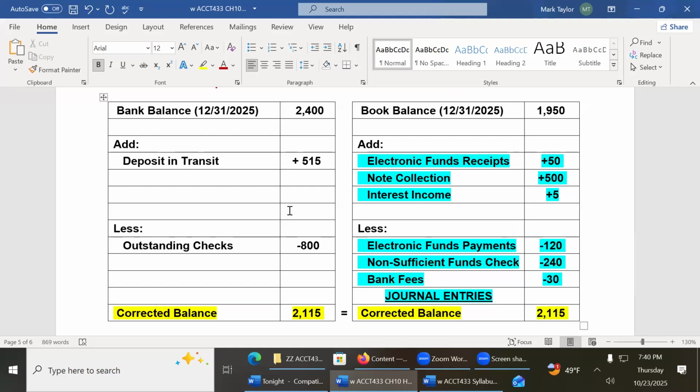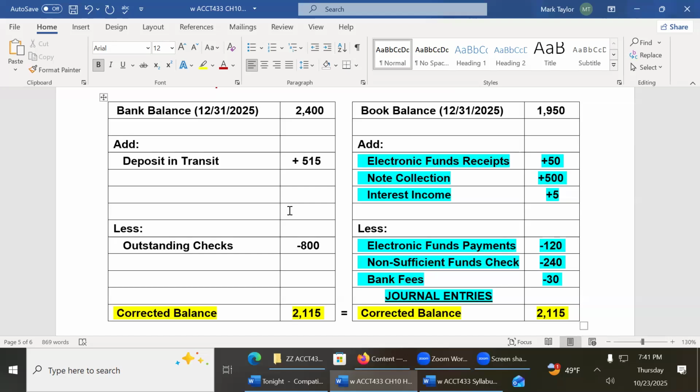Kiting was making it look like you had more cash than you did. It usually involved two banks. You'd have a bank account in two banks. You'd write a check and pay the one bank with a check from the other bank. Initially you say, well, how stupid.